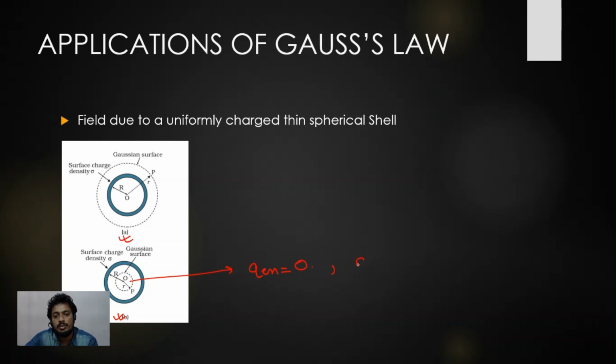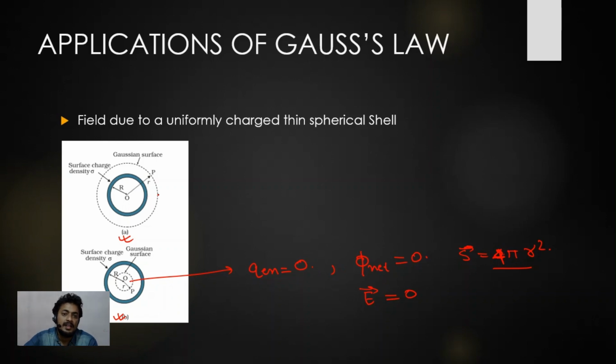When Q enclosed is 0, flux will be 0. When flux is 0, the electric field will be 0, because the surface area will be 4 pi r square, whichever r you take from the center.